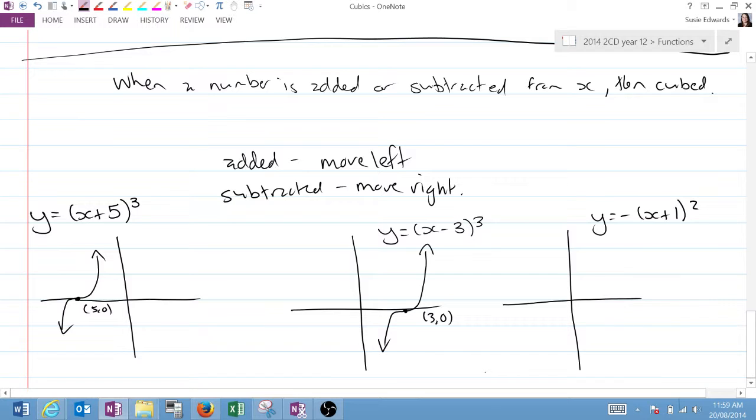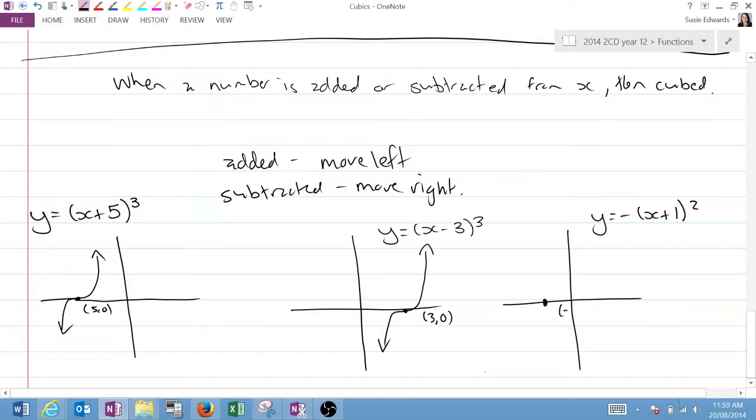And the last one, David, how would you be able to do that? Move to the left by 1, and it's also inverted. Okay, so left 1.